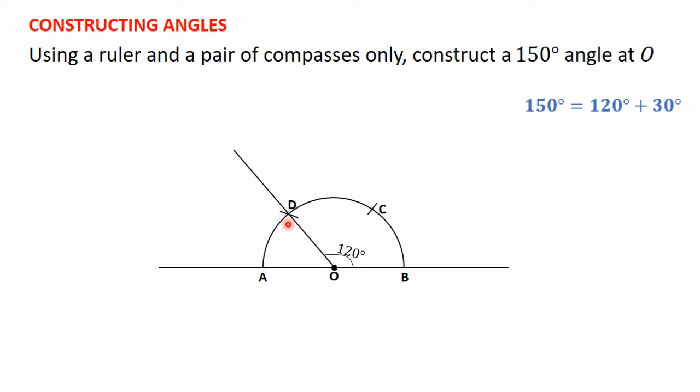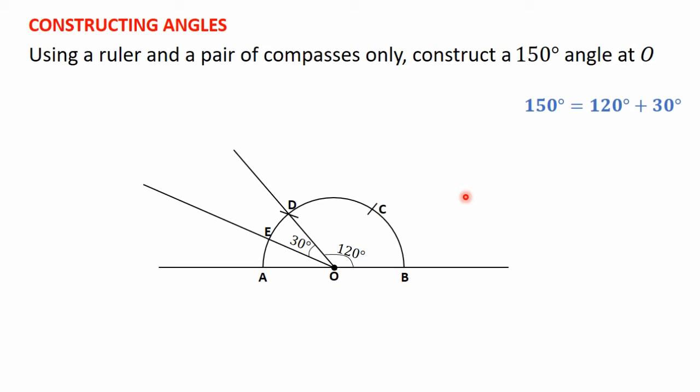We know that the angle between point D and point A is 60 degrees. So if we bisect that angle, then it means that the angle here will be 30 degrees. Now let's call this point point E. If the angle here is 30 degrees, then angle EOB will be equal to 30 degrees plus 120 degrees, which will give us 150 degrees.